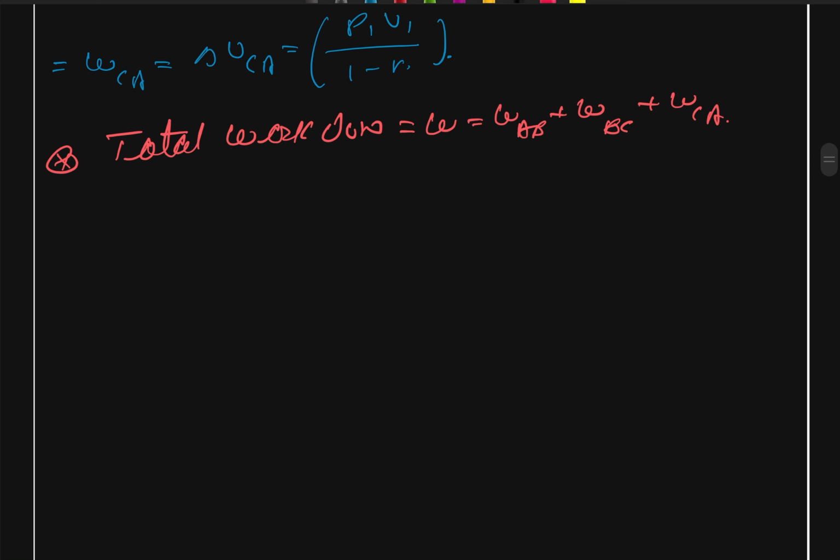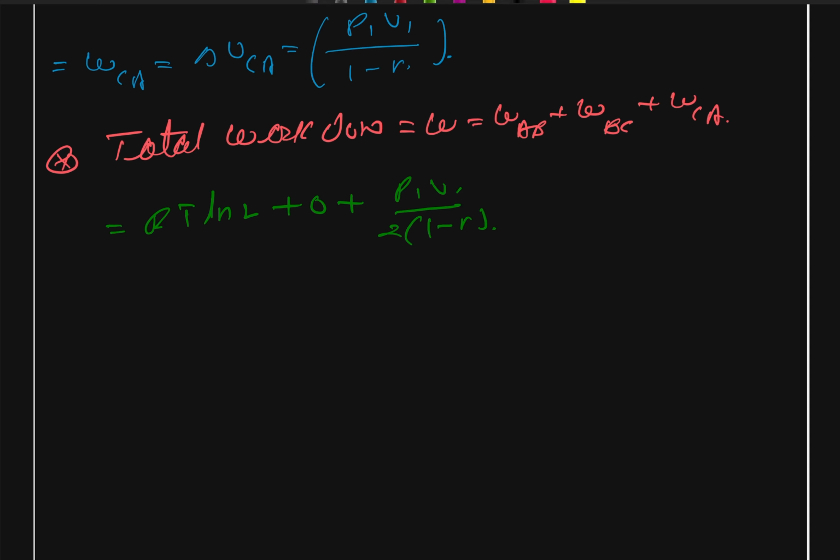We substitute the respective formulas which we have just found out. So this comes as RT natural log of 2 plus 0 plus P1 V1 upon twice 1 minus gamma.